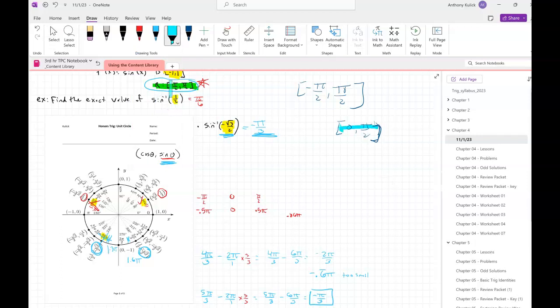What is pi over 2 in degrees? 90, right? Because you multiply by 180 over pi. So that means that you're looking at those angles, right? Everybody agree? If we look at the stuff between negative pi over 2 and 0, that's negative 90 to 0.